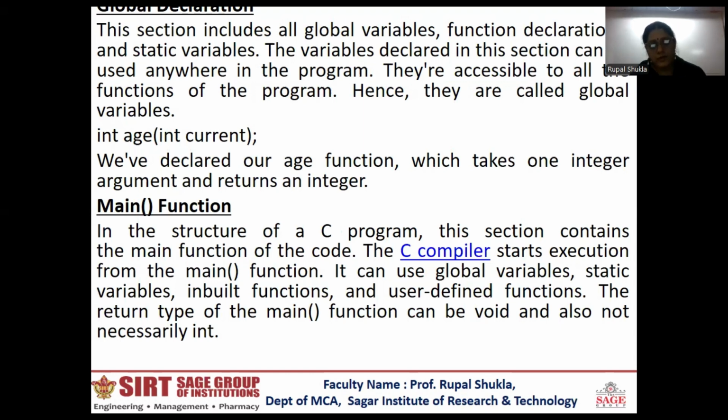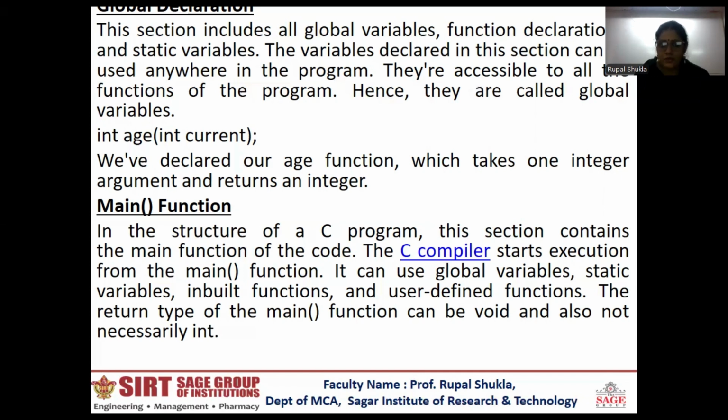They are accessible to all the functions of the program, hence they are called global variables. It is the declaration of a function. The function name is age, and int is the data type. int current is the parameter which is passed to that particular function. We have declared our age function, which takes one integer argument and returns an integer.